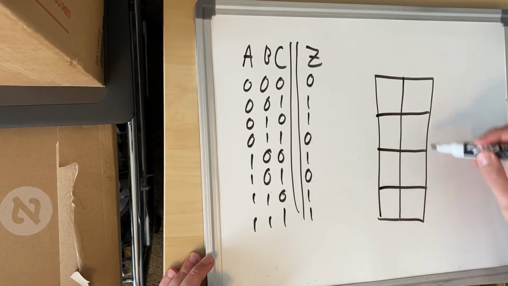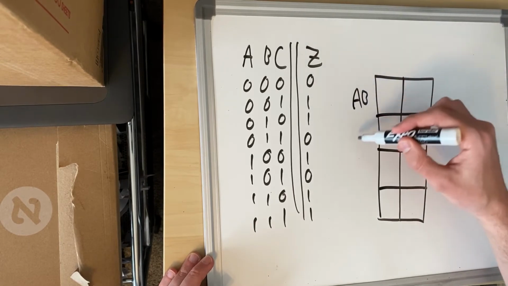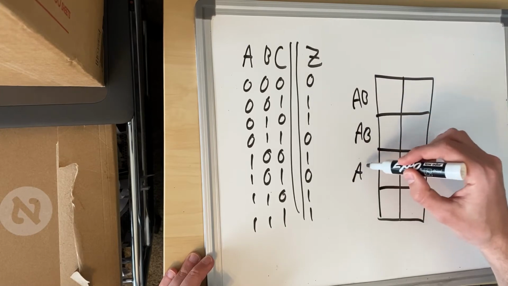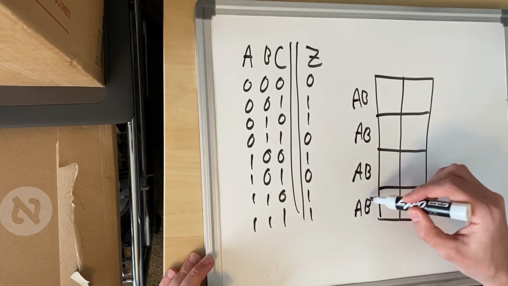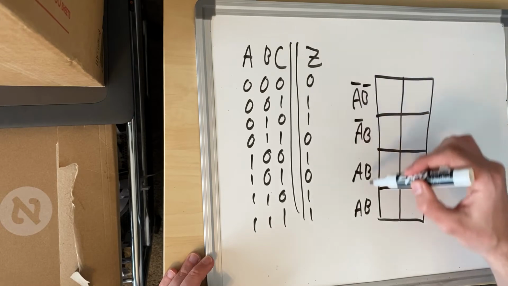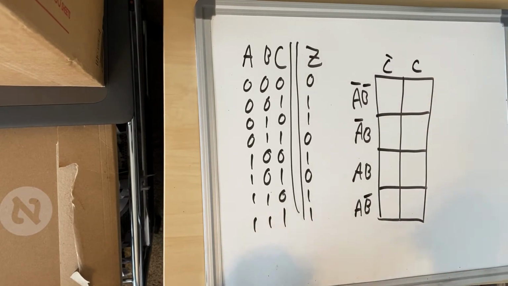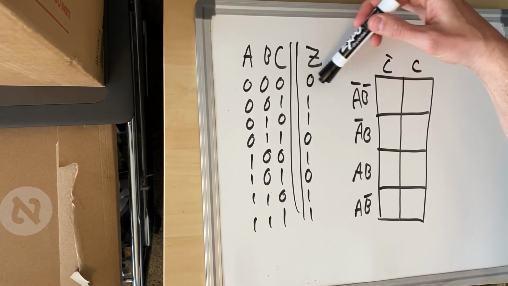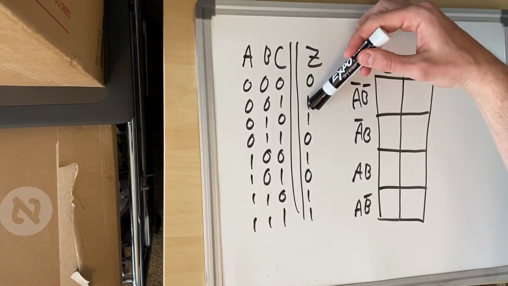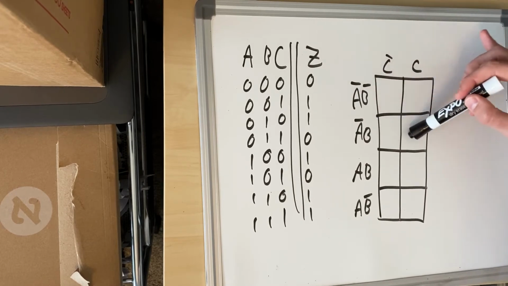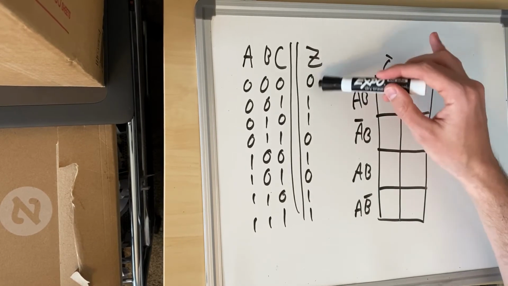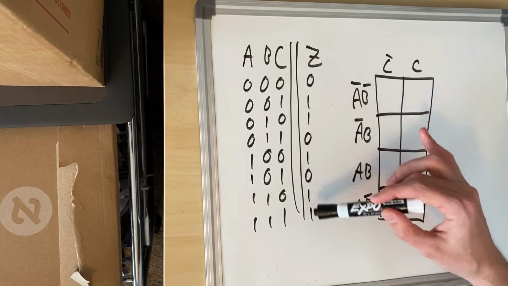Again, K-maps always get set up the same way. Not, and then this is not. So now, and remember these correlate, I'm not going to draw the arrows, but this one goes to here. This one goes to here. Remember 0, 1, 2, 3, 4, 5, 6, 7. So 0, 1, 2, 3, 4, 5, 6, 7.